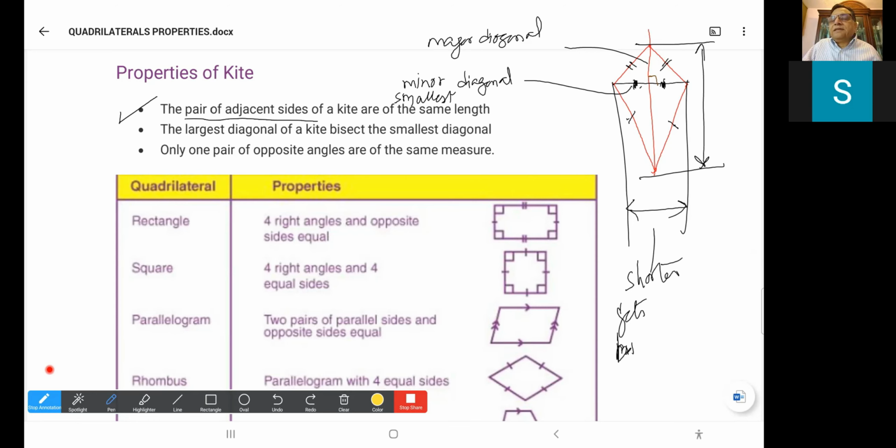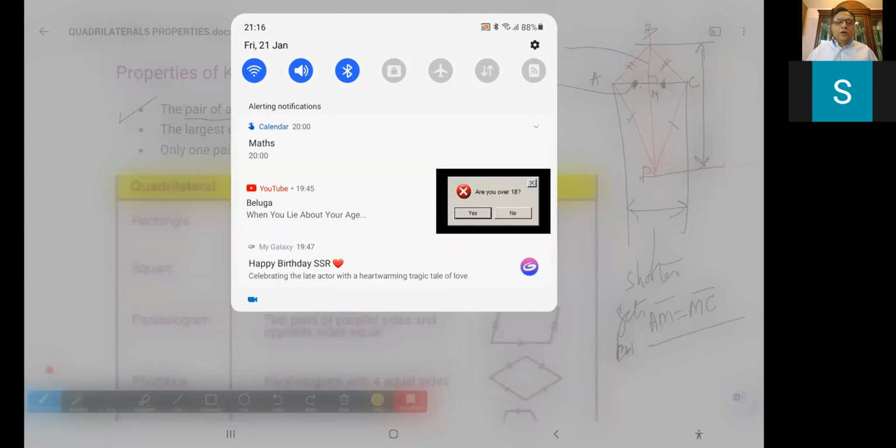So the longer one has bisected the shorter one, and these lengths are equal. Let me write ABCD just to make it clear, and M in between. So we know AM equals MC. That is bisect. Same length of the shorter diagonal. Do you get the idea? Yes, sir.